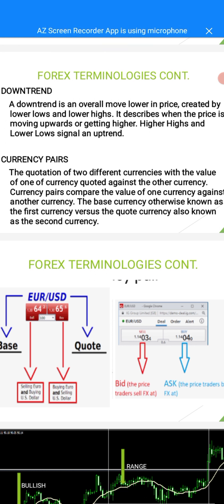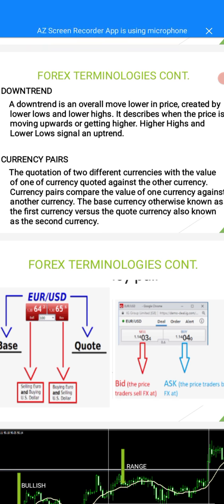You have one currency and you are selling it in place of the other one. So you will always see currencies quoted in pairs.